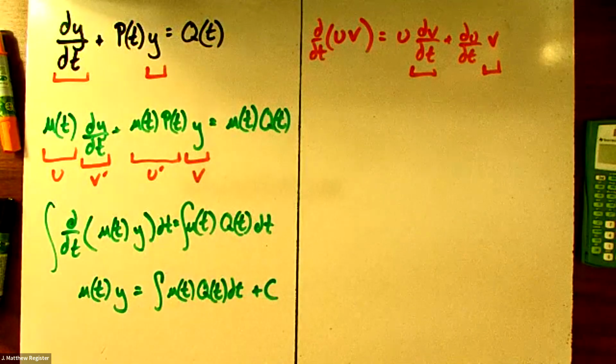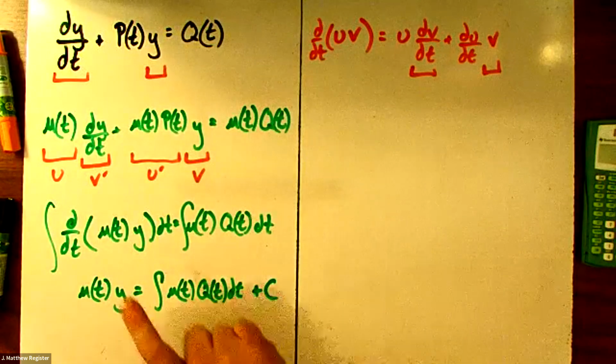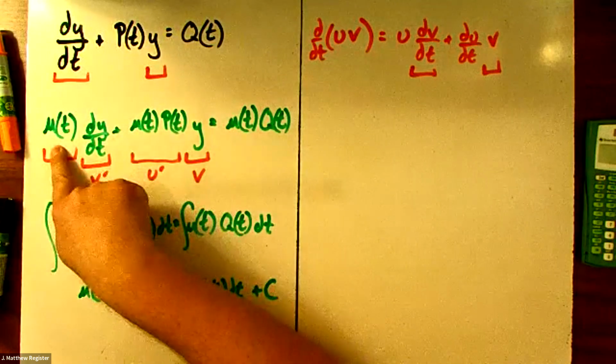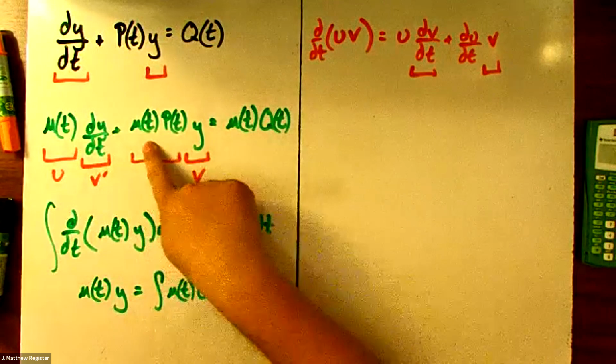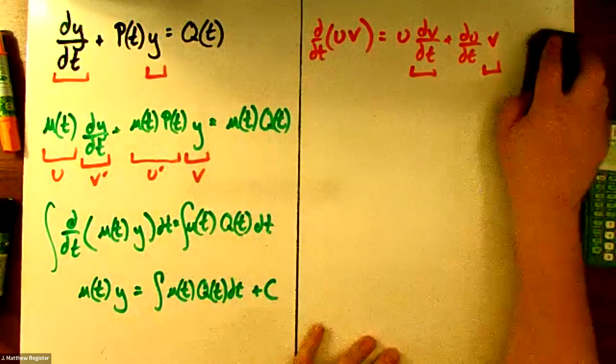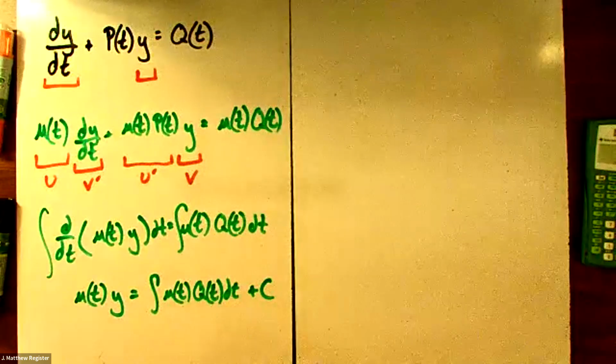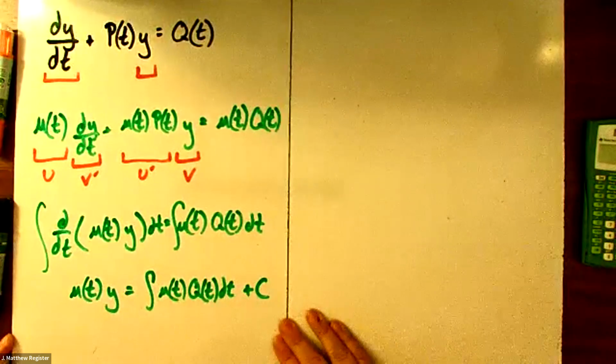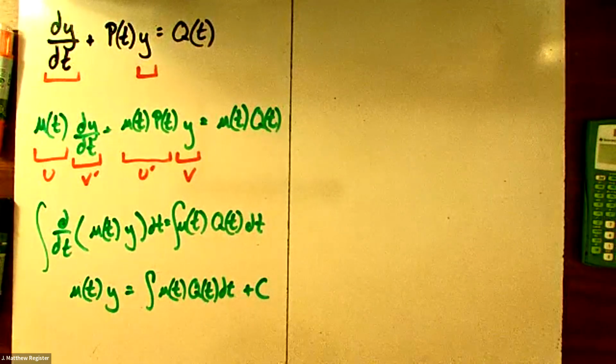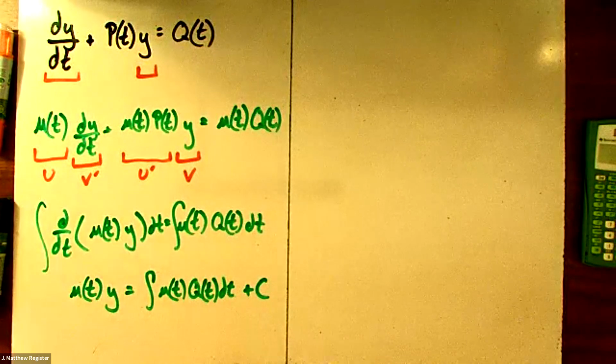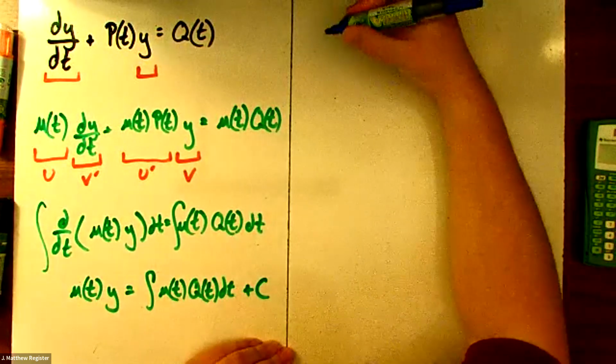Here's the challenge, though. This only works if the derivative of mu of t is equal to mu of t times p of t. And so we would need some factor, some integrating factor, which will do that. And we just so happen to have one. We call it the integrating factor.